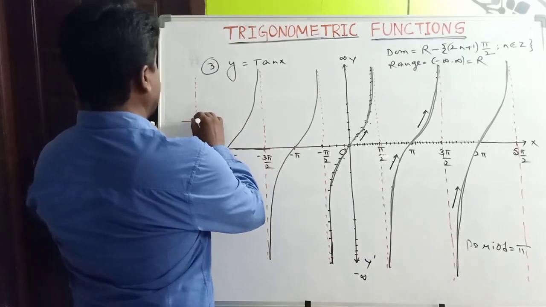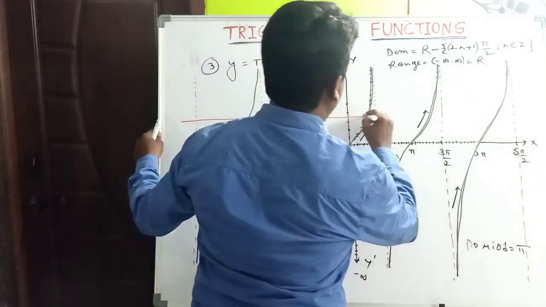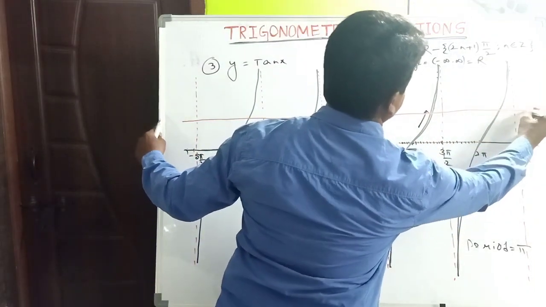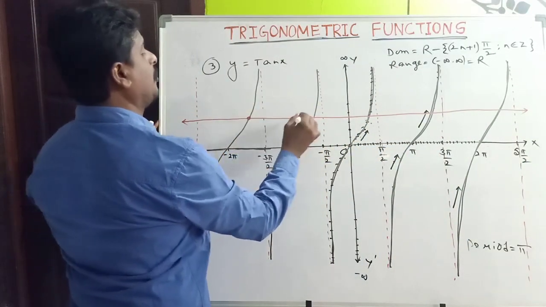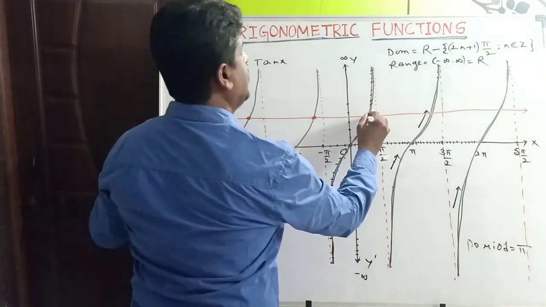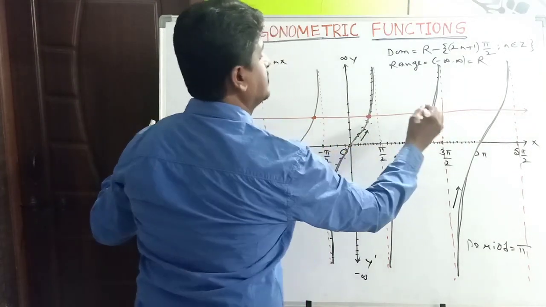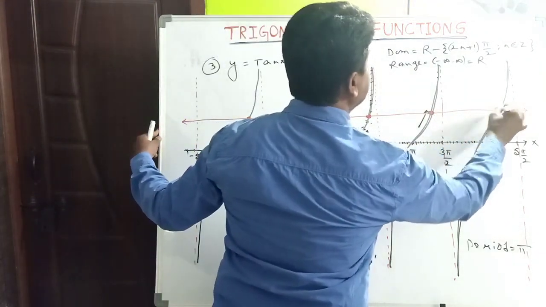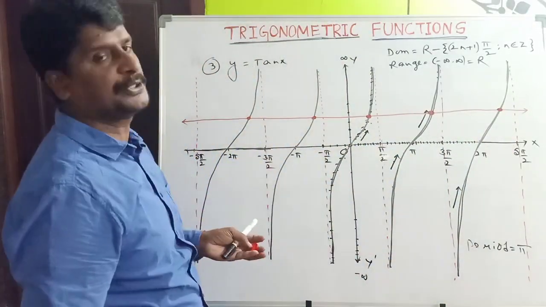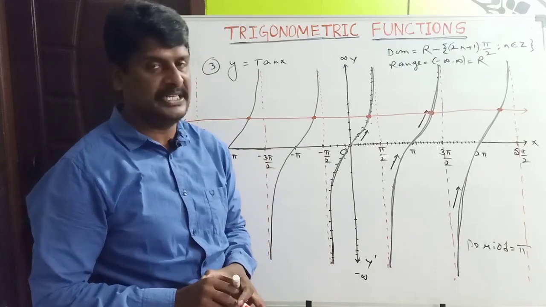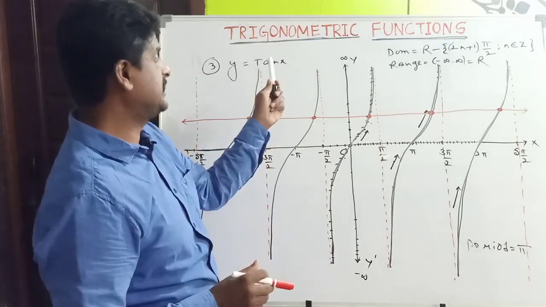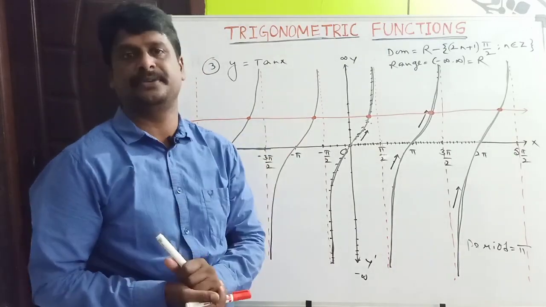Now you see, if I draw a straight line parallel to the x-axis, it intersects the graph at more than 1 point. Even if it intersects in 2 distinct points, we can say that the function is not 1-1. So it is not a 1-1 function.